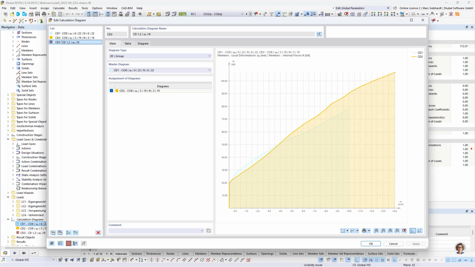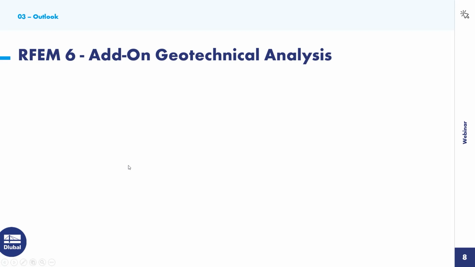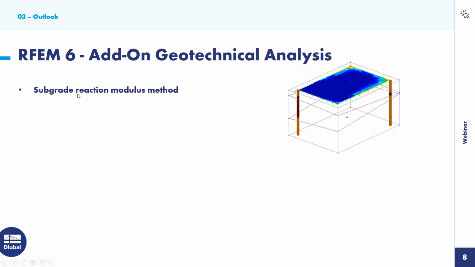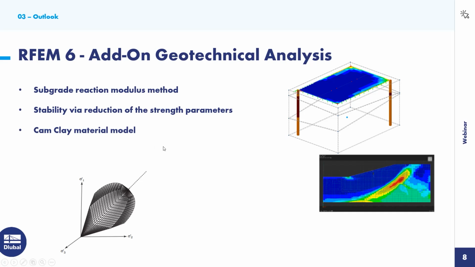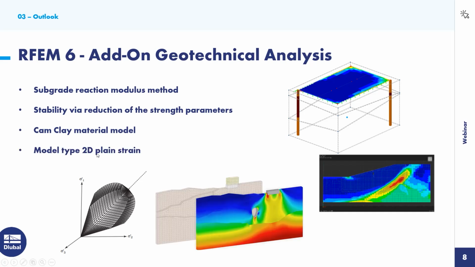So go back to our presentation and want to show you our now new coming exciting features for the geotechnical analysis add-on, which will be a subgrade reaction modulus method, additional to the 3D and the shown constraint modulus method, a stability analysis via reduction of the strength parameters for soil, a new chem clay material model, and the model type 2D plane strain, which will be very beneficial for modeling such slices not by volume, but by a 2D slice.